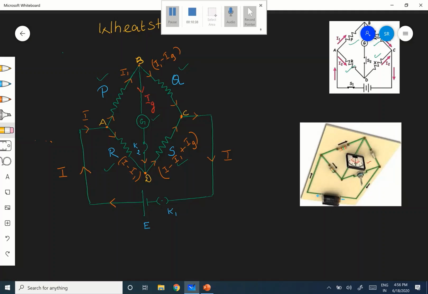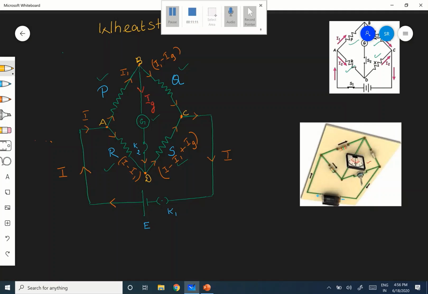A Wheatstone bridge is said to be balanced when no deflection is there in the galvanometer connected between the points B and D. Therefore, the bridge is balanced when there is no current in the galvanometer. The galvanometer should show null deflection.